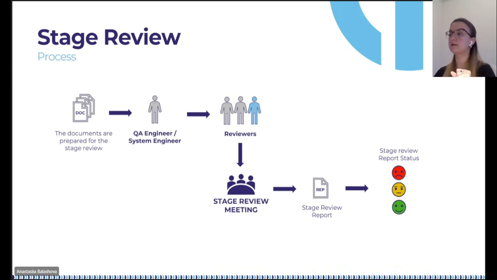However, usually system engineers are allowed to continue work on the next stage. An additional stage review shall be called before the next stage review. If the status is green, either no issues were found or only minor remarks were raised. An additional stage review is not needed. The closing of all these remarks can be checked during the next stage review.